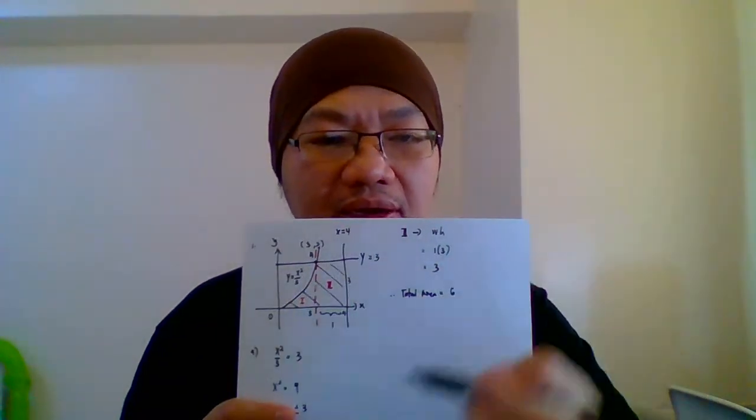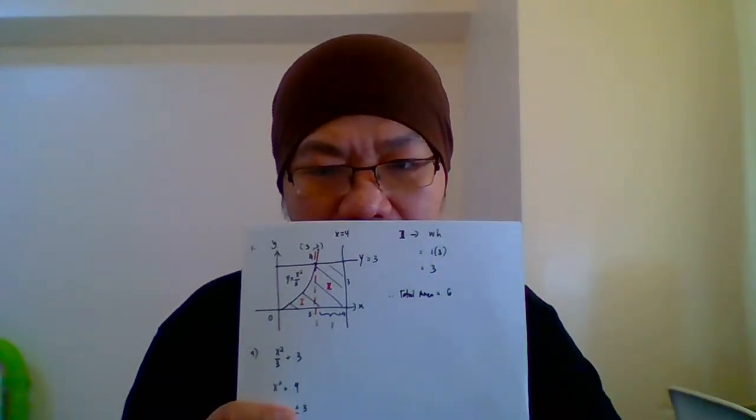So the answer is therefore total area equals to 6. Right? How did I get 6? 3 plus 3. Okay, very simple, very straightforward question. Alright, that is number 1B.